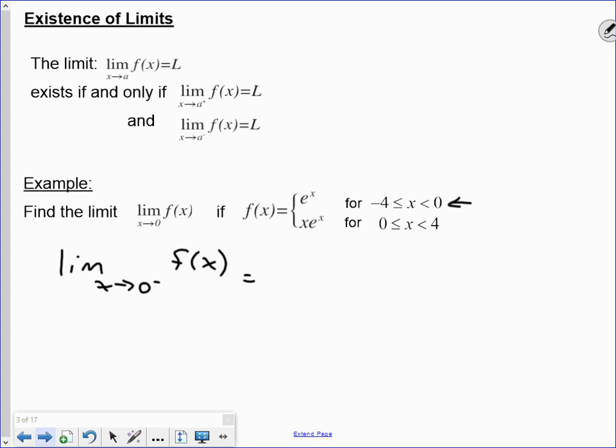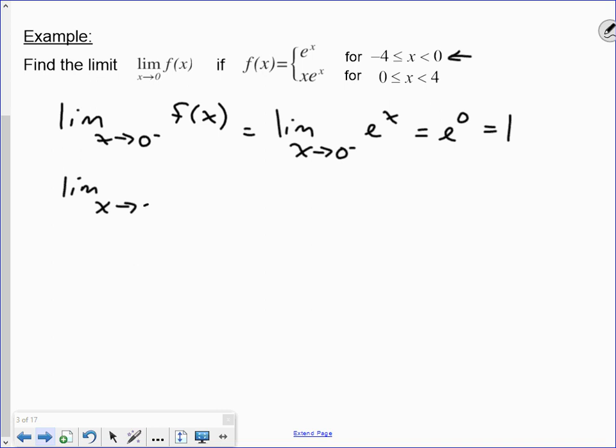So this limit would be the limit as x tends to 0 from the left of e^x, and we can evaluate this limit just by direct substitution. We can sub in 0 for x, and this is going to be 1. So the limit as x tends to 0 from the left of f(x) is equal to 1.